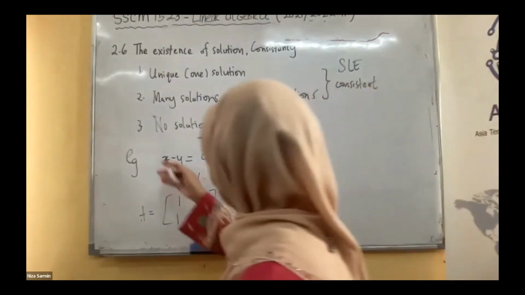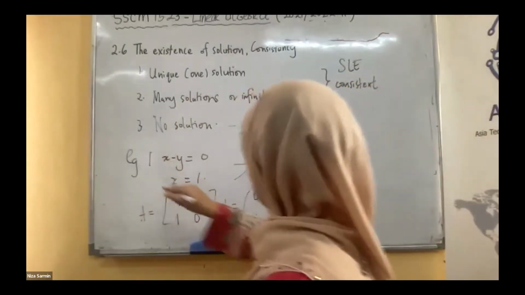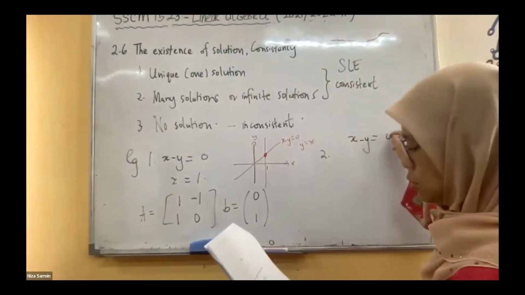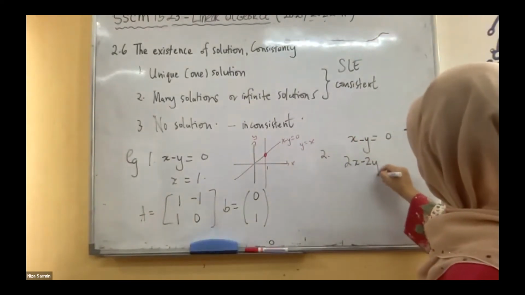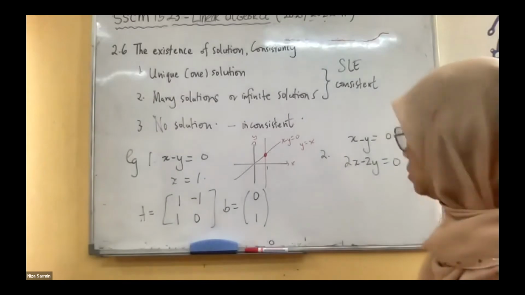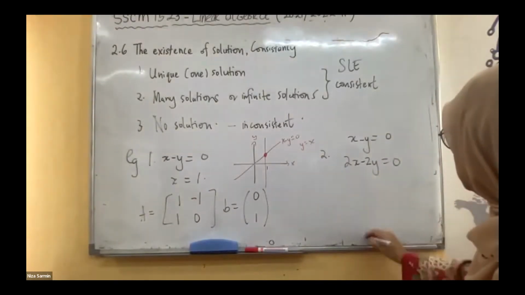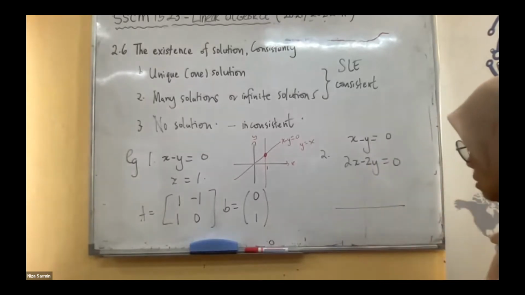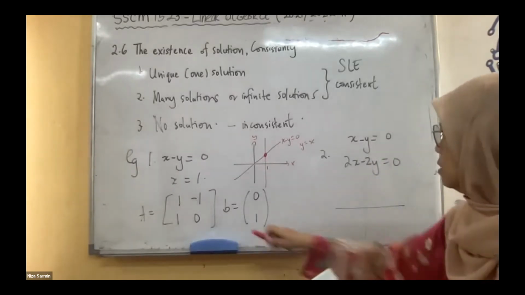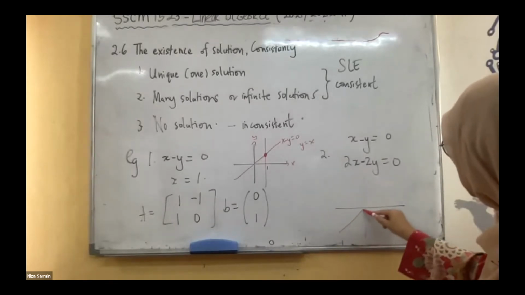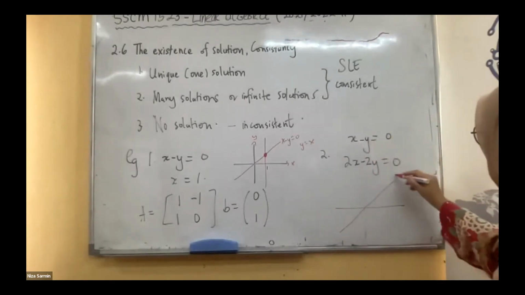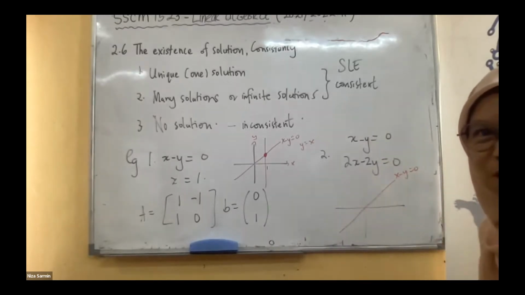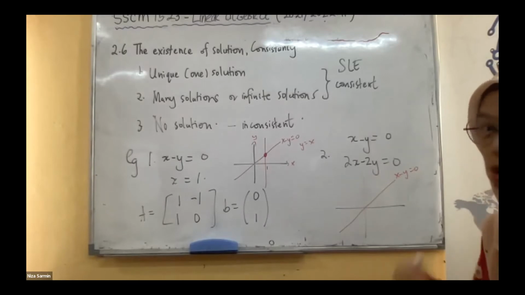Second one. The second example is x minus y is 0, 2x minus 2y is 0. So this gives y is x, or x minus y is 0. This gives the same thing, right? 2x minus 2y is 0 gives x minus y is 0, x is y.